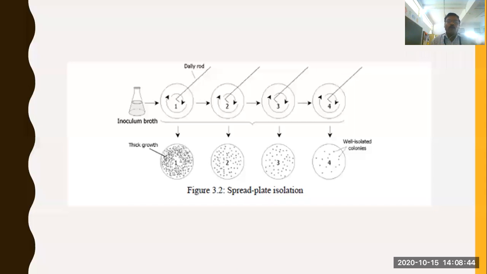The plate with the least dilution has the maximum amount of microorganism, and in the plates with higher dilution you will observe well isolated colonies after the incubation period, which may be 24 hours or 48 hours depending upon the bacterial strain.